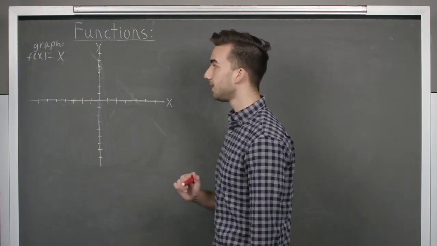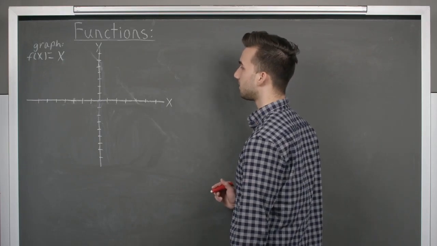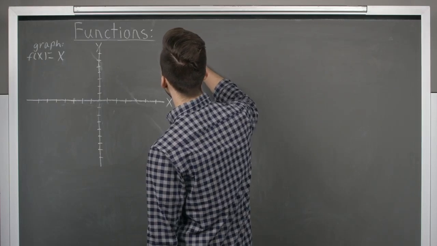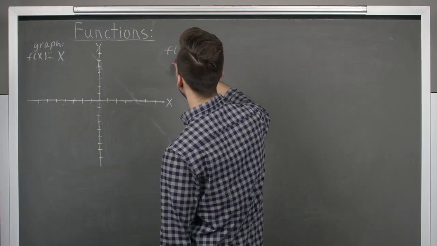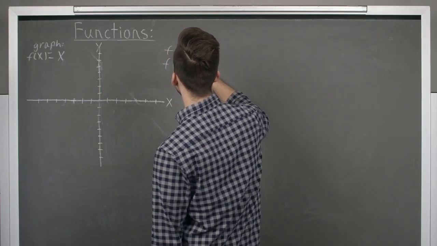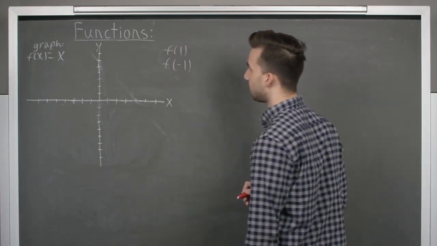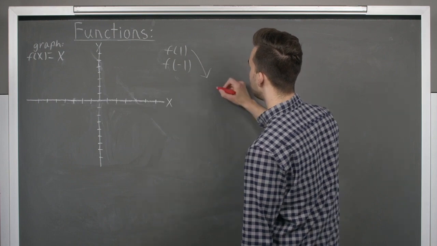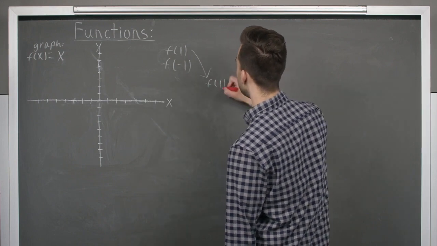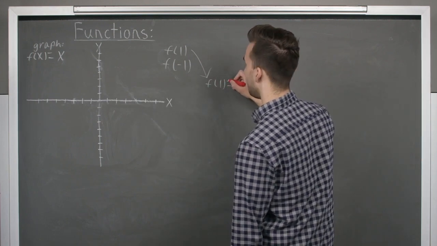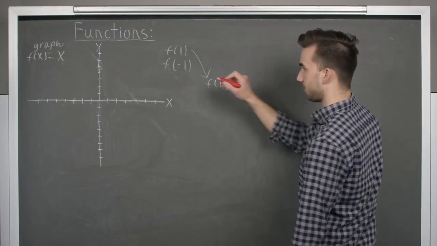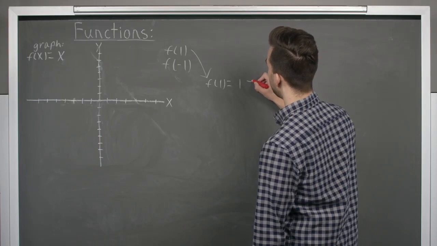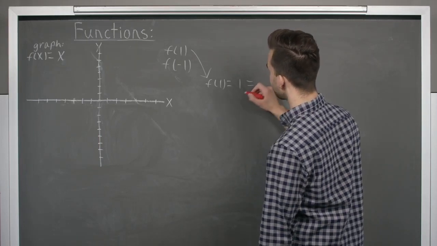So step 1 is we need to find 2 points. Let's just plug in f of 1 and f of -1 and see what comes out. So if we do f of 1, we can just substitute the x for 1. So f of 1 is equal to 1.